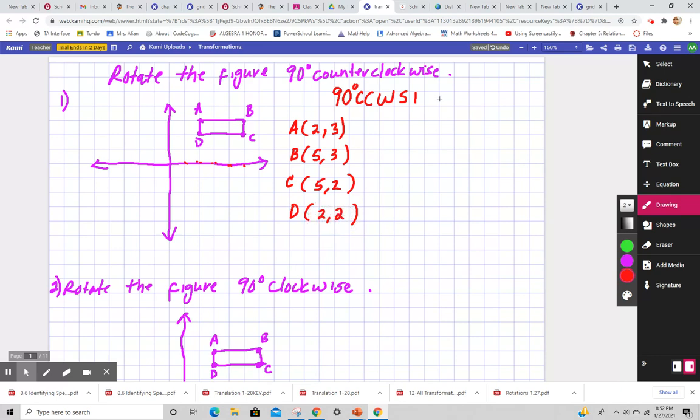Okay, so now let's just apply the rule. Switch X and Y and change the sign of the first. B prime: switch X and Y, so it's going to be 3, 5, and change the sign of the first.